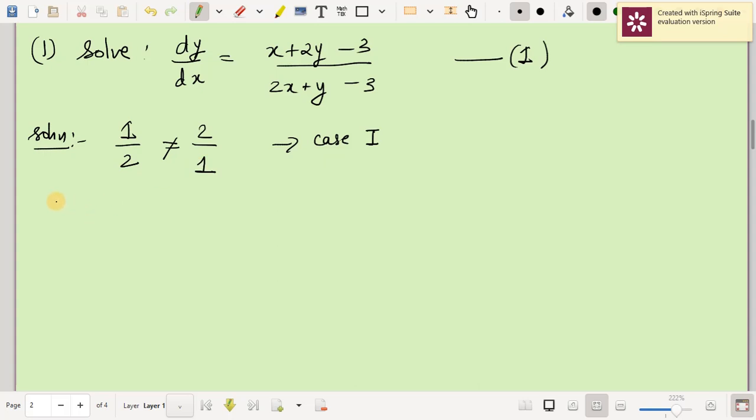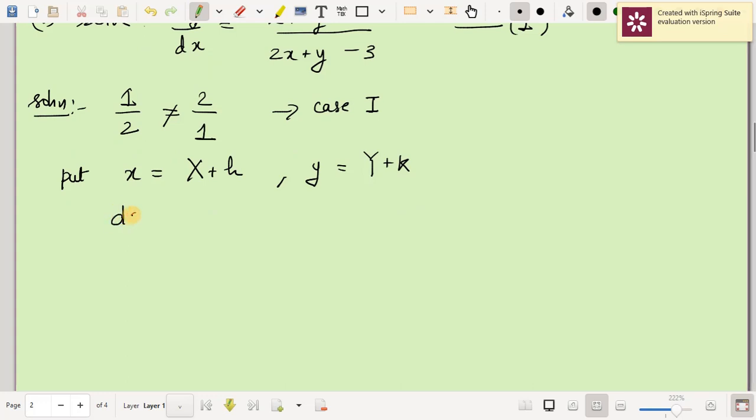First of all, you need to substitute the value of x as capital X plus h, so that capital X is nothing but x minus h, and the value of y as capital Y plus k.